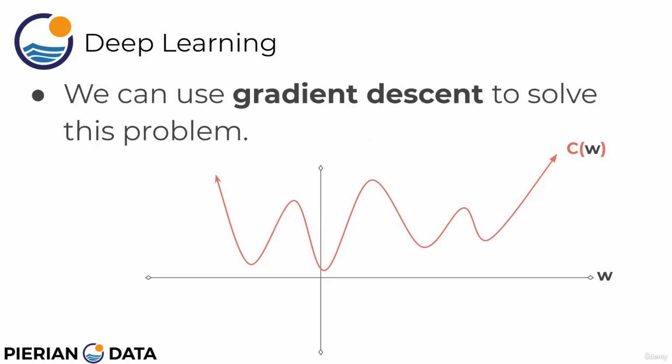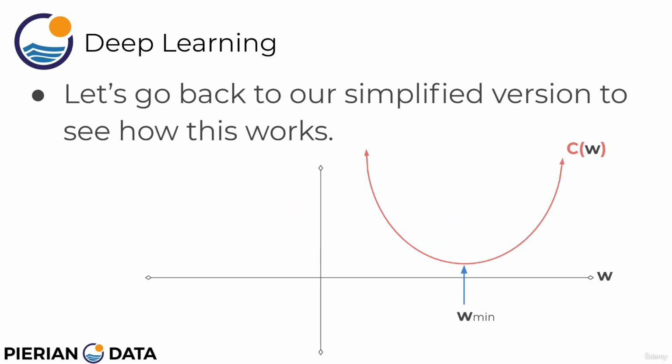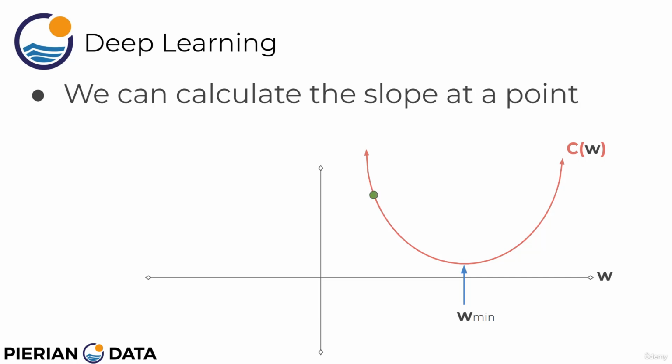So instead, what we need to do is a stochastic process. We can use gradient descent to solve this sort of problem. So let's again go back to this simplified version of our network where we just have one weight and see how gradient descent would work on this simple example, and then we can easily expand it to more complex examples. So what we do is we just start off at one point on this cost function.